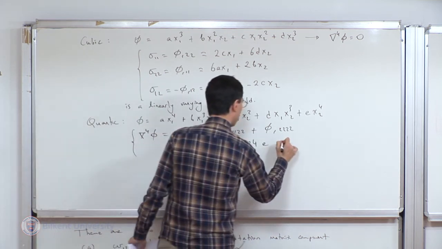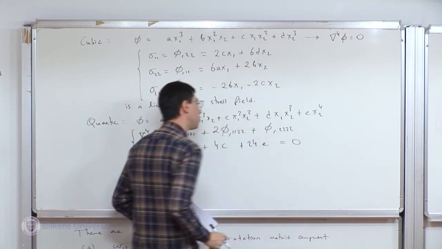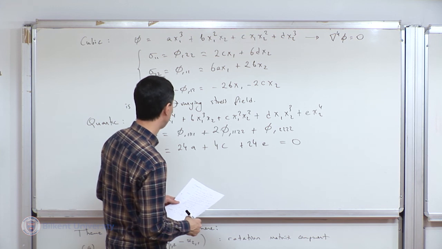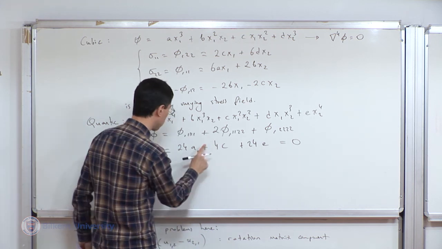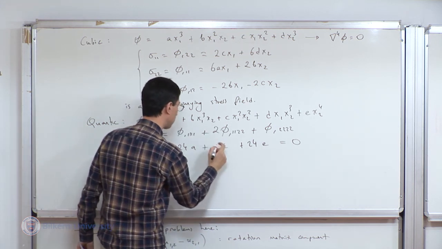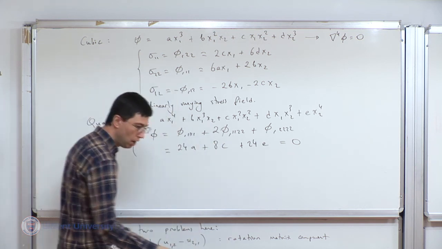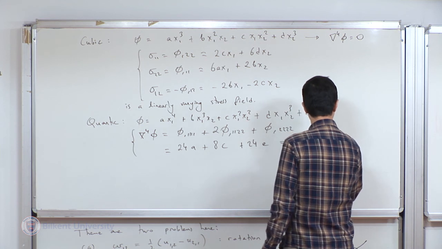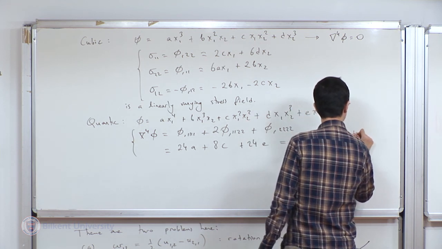And that should be equal to 0. Okay, so I'm correcting. I forgot to multiply by 2, so it's 8c. So now I have a non-trivial equation.